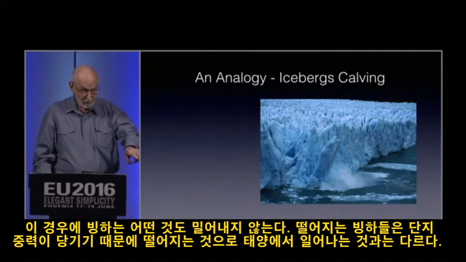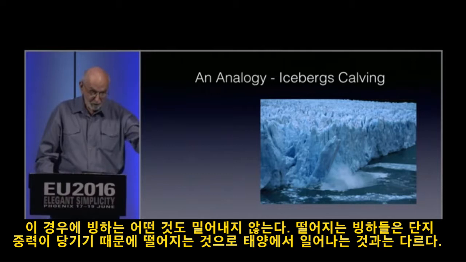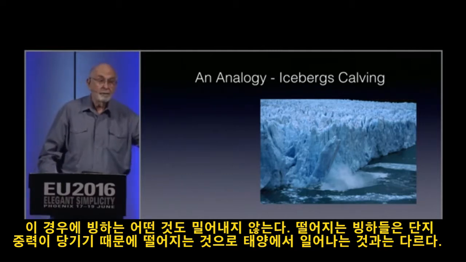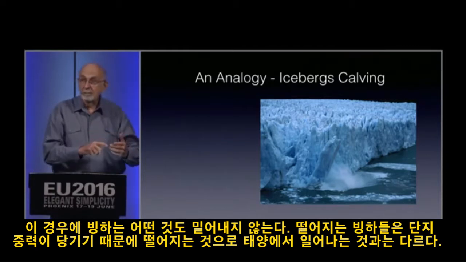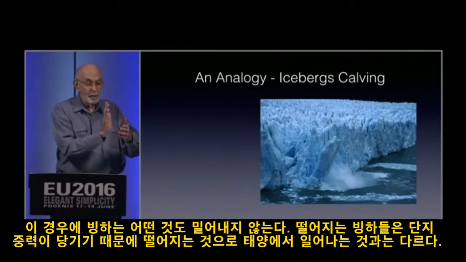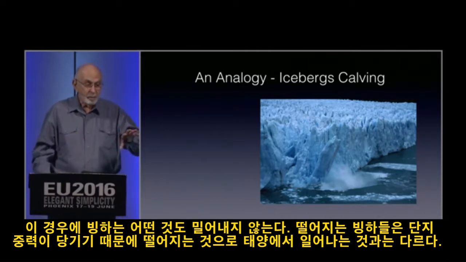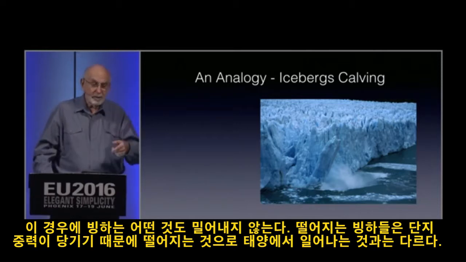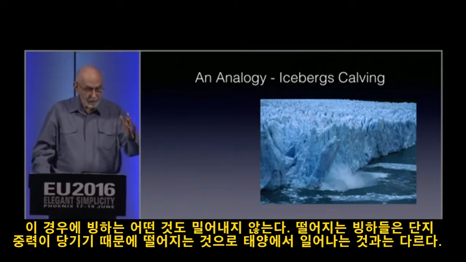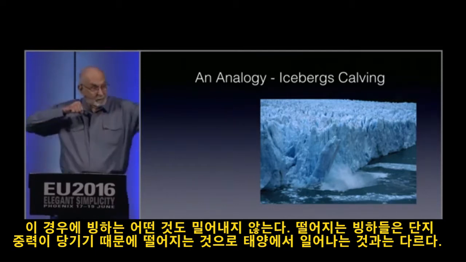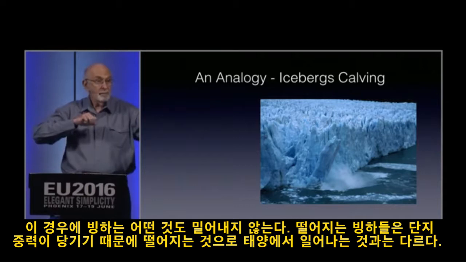So there's no tendency for the tufts, if you will, the potential icebergs that are in the wall of the glacier, there's no tendency for them to move away because nothing's pushing on them. Only gravity is pulling the one down that's falling in. This is not the case, so this is a partial analogy. It is sort of like, makes you think about what is happening on the sun. But on the sun, this guy that's falling is pushing back like crazy on the one that he just came away from, and he's moving back.